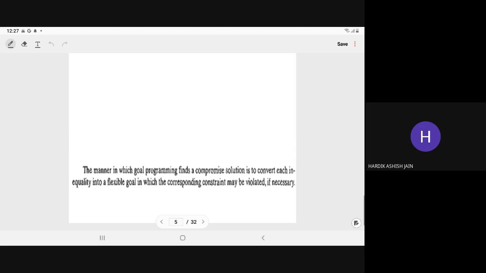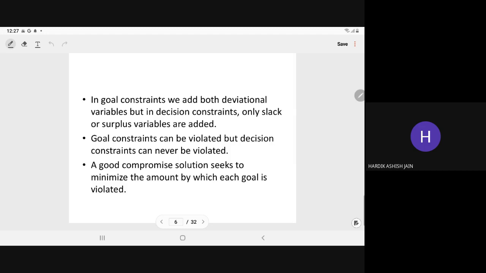So in a goal constraint we add both deviational variables, but in a decision constraint only a slack or surplus variable is added. Both cannot be minimized. Means we cannot say minimize s1 minus, minimize s1 plus. Either of them you have to minimize. Clear this part?